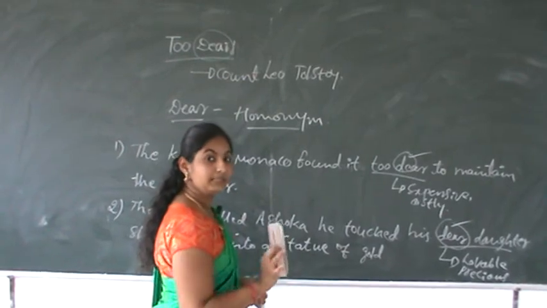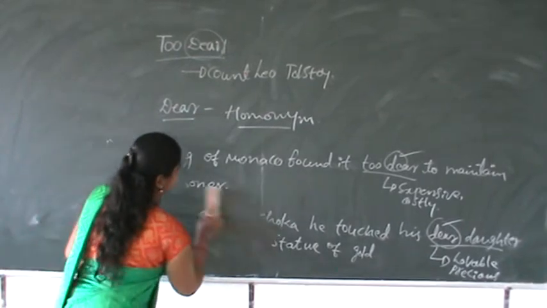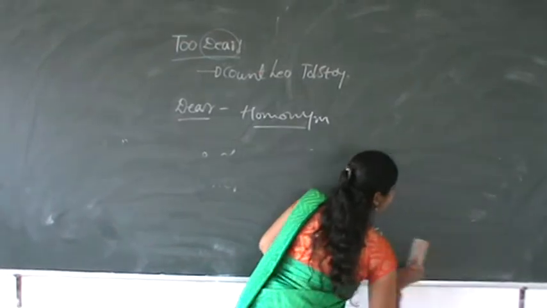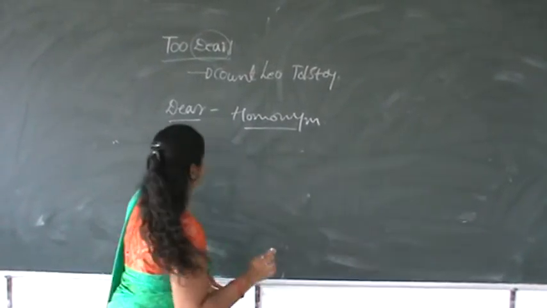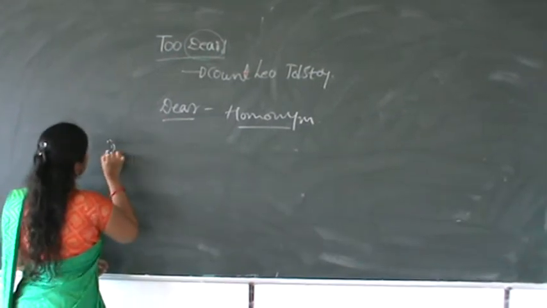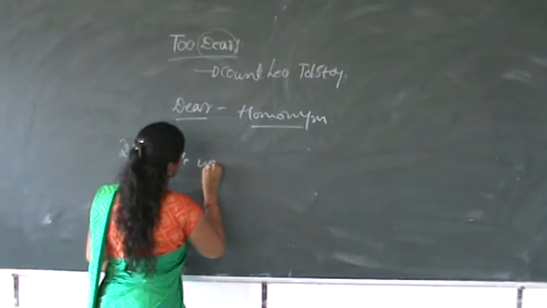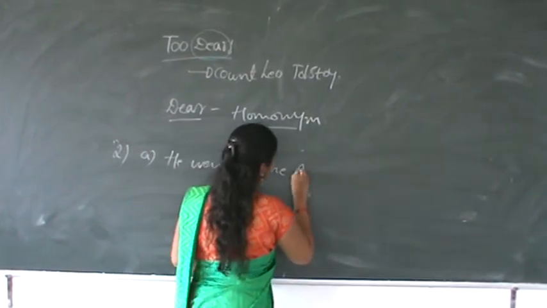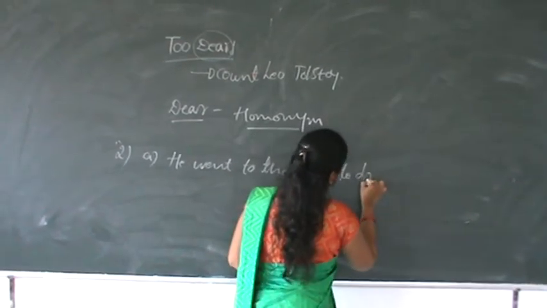Okay, let me explain another example now. Another example for homonym, the second one: he went to the ATM to draw some money.